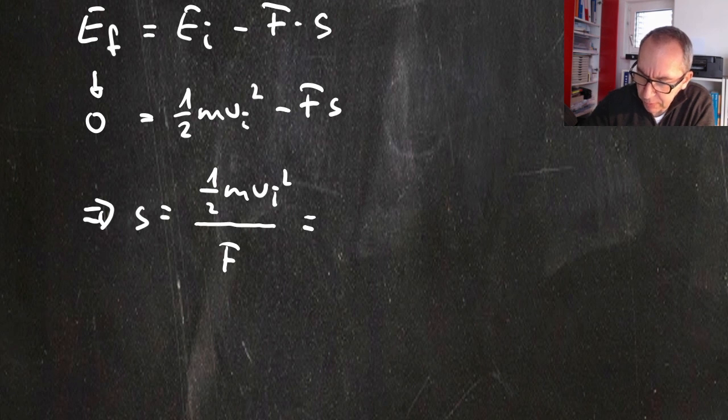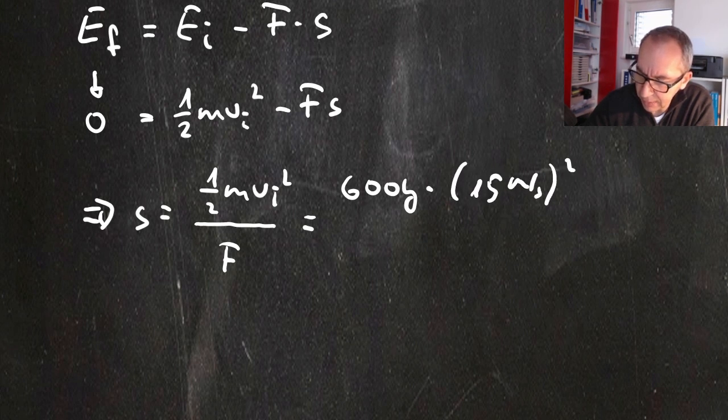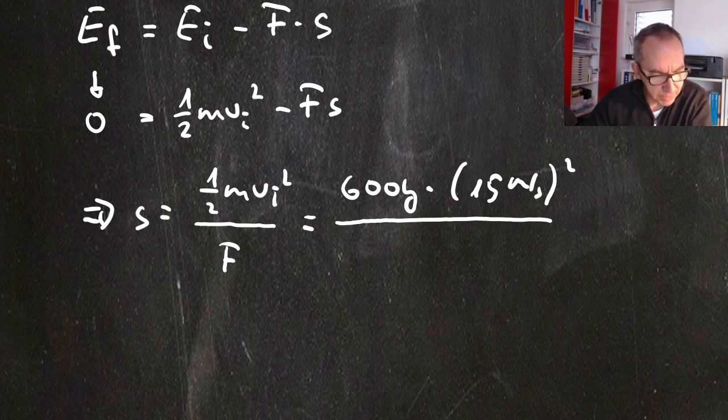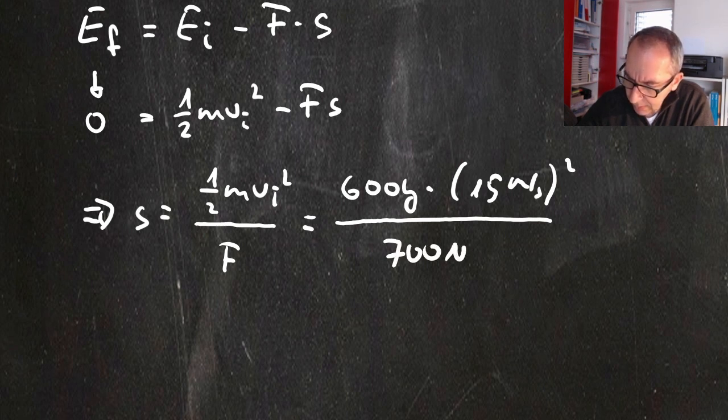So 1/2 m is 600 kilograms, 15 meters per second as the initial speed, and the 7,000 Newton as the force. And I get this distance of 19.3 meters.